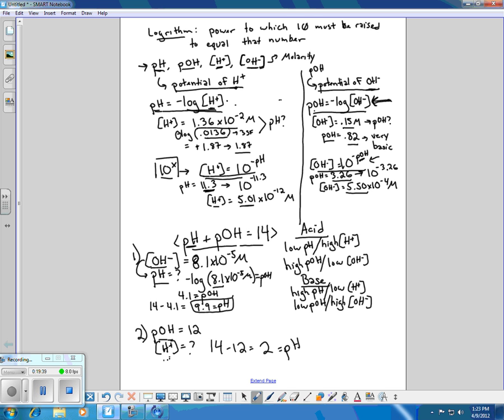We know from this equation right up here that our pH, oops, sorry, I actually want to use this equation right here. We have a pH value. I want to solve for H+, so I'm going to take 10 to the negative 2, and that equals my hydrogen ion concentration.